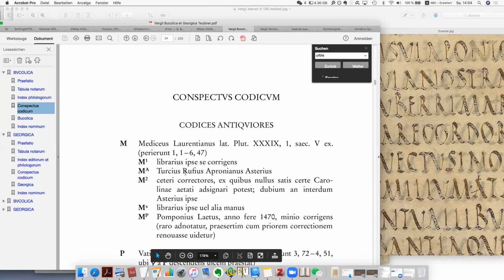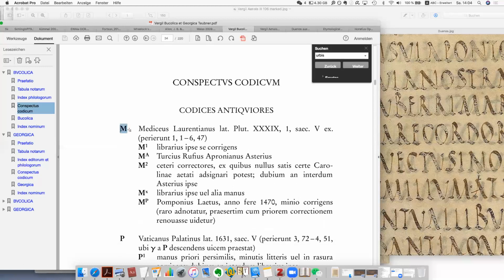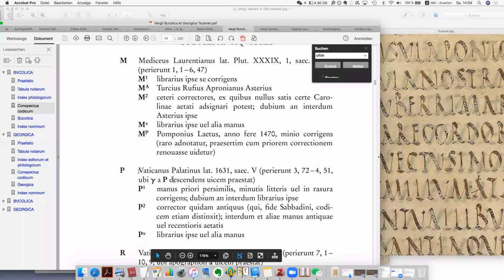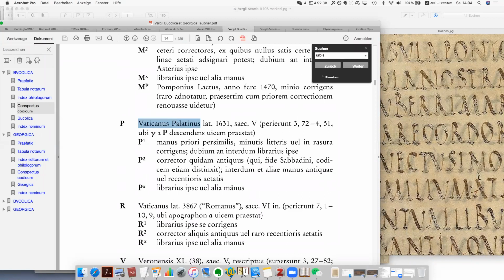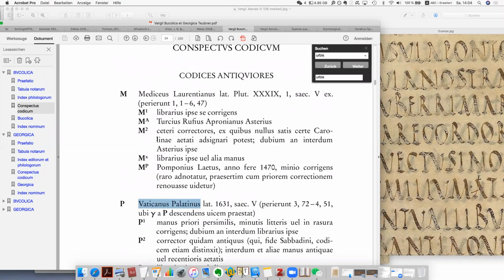So we talk about the manuscript, and M is the abbreviation for this manuscript. This manuscript, P, is called Vaticanus Palatinus Latinus 1631, and M is called this one.